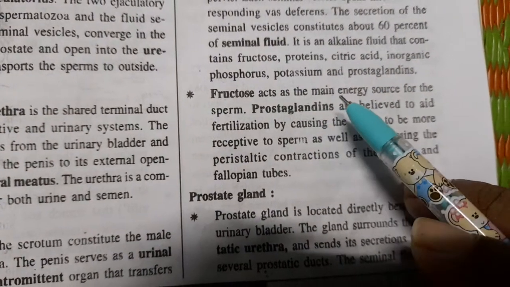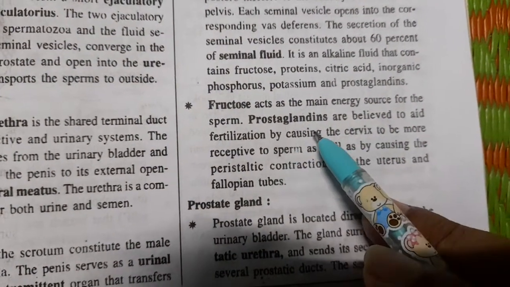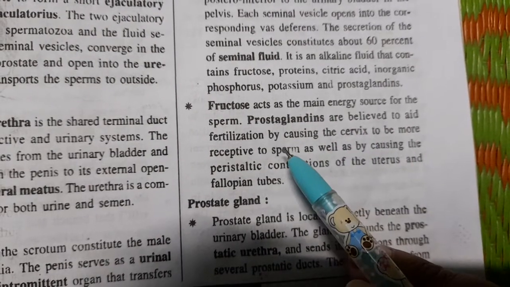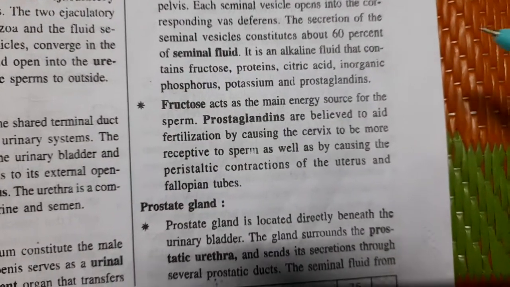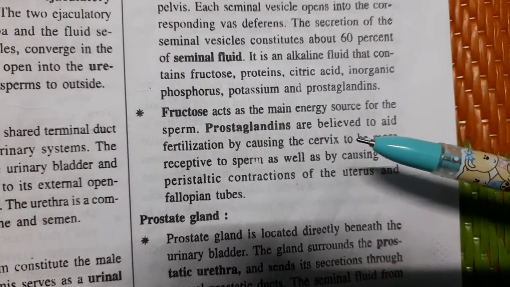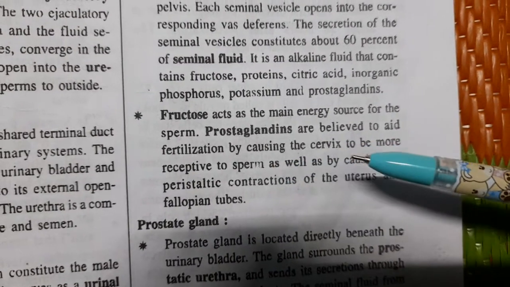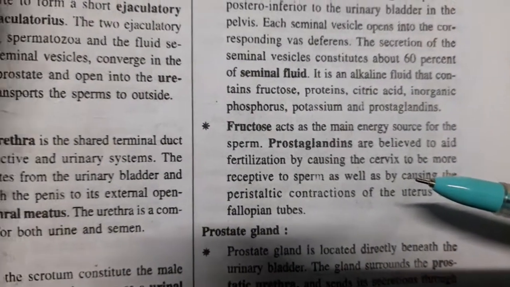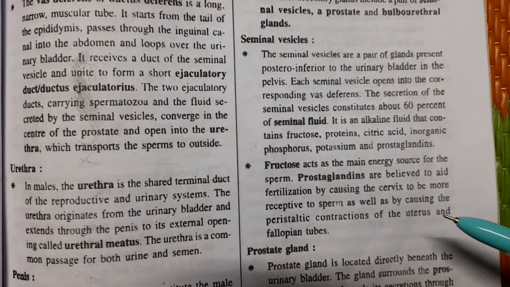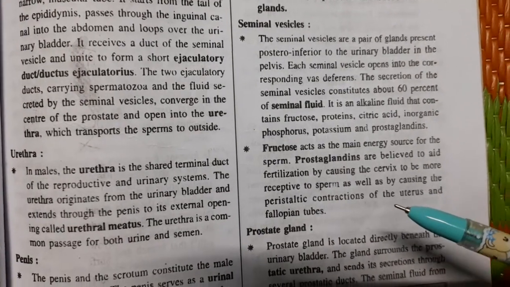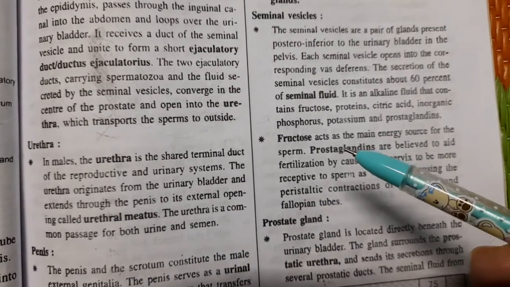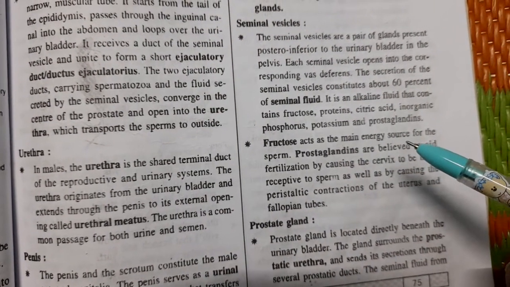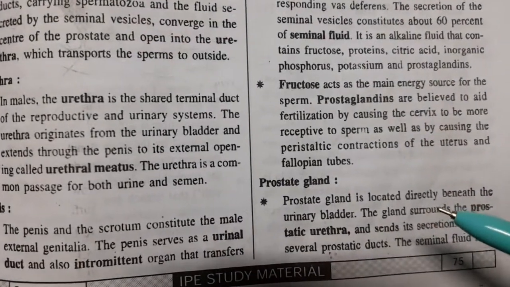Prostaglandins are believed to aid fertilization by causing the cervix to be more receptive to the sperms, as well as by causing peristaltic contractions of the uterus and fallopian tubes. That is the function of prostaglandins. And fructose acts as the main energy source for the sperm outside the body.